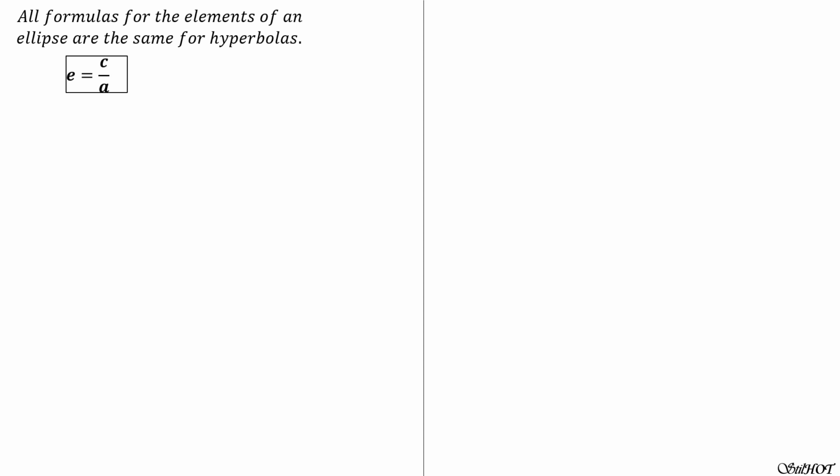So eccentricity is c over a, d is a squared over c, and length of latus rectum is 2b squared over a. Take note that these formulas are also the same for ellipses. The only difference is eccentricity for an ellipse is less than 1, while for the hyperbola it is greater than 1.